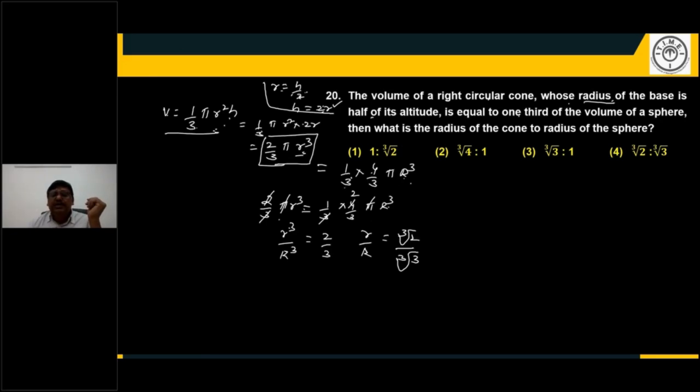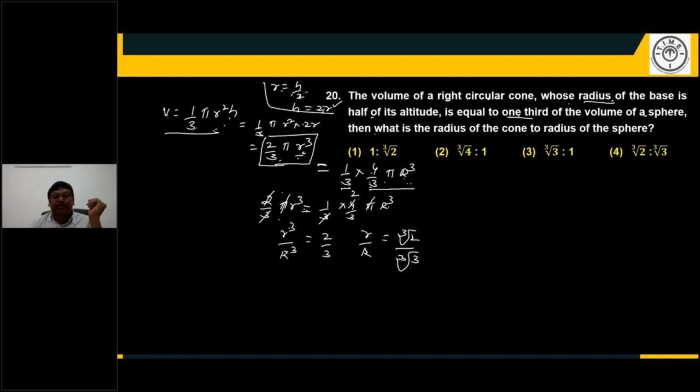So next, coming back, the volume of this cone is equal to 1/3 of the volume of a sphere. Volume of a sphere formula is 4/3 pi r cube. So 2/3 pi r cube equals 1/3 of 4/3 pi R cube.